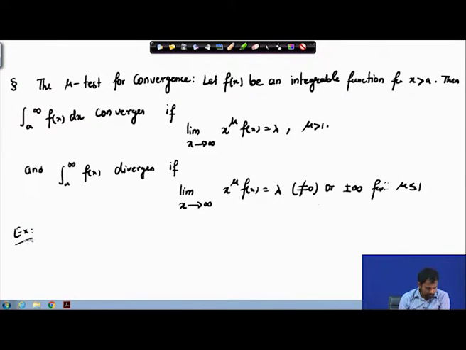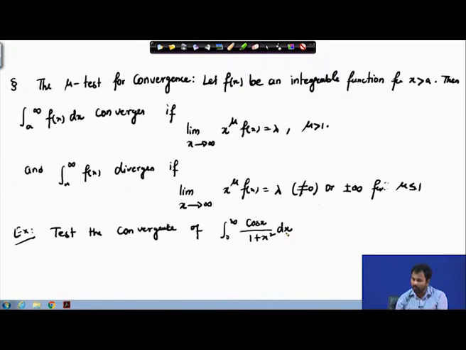Example 1. Let's consider a similar example. Test the convergence of the integral from 0 to infinity of cos x by 1 plus x square dx.